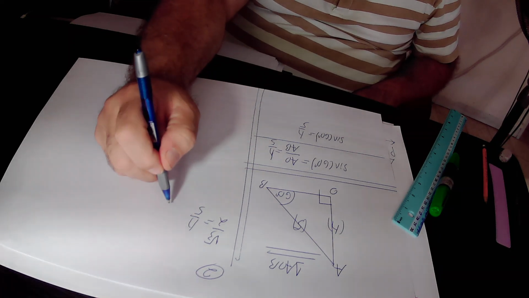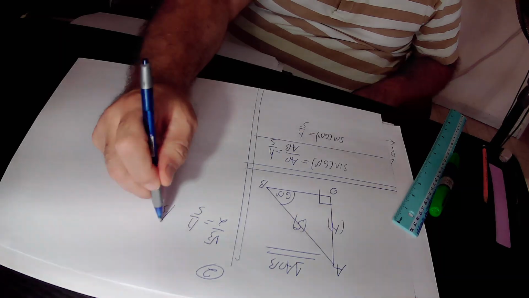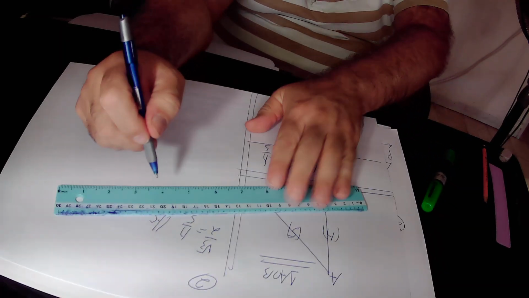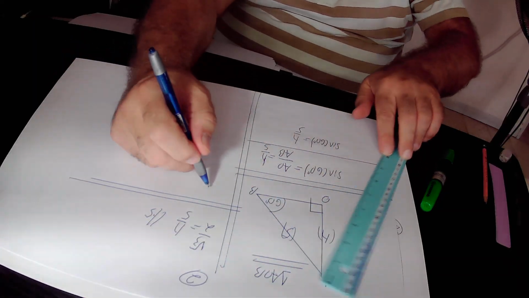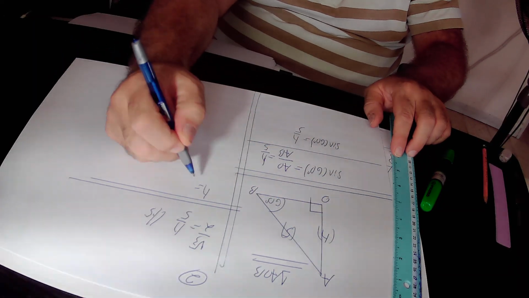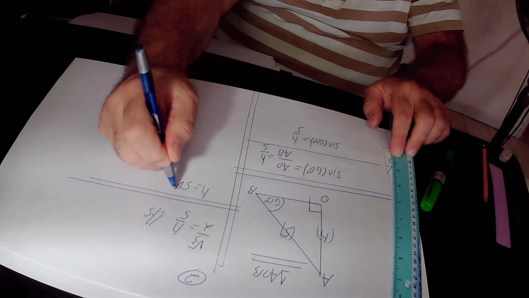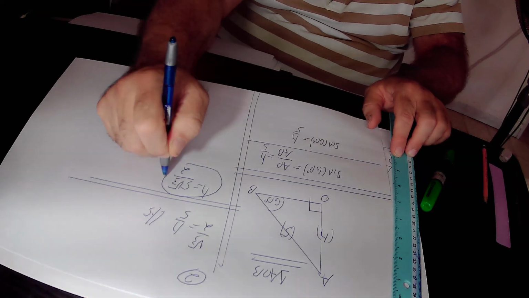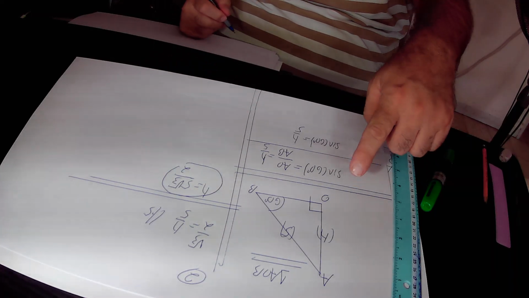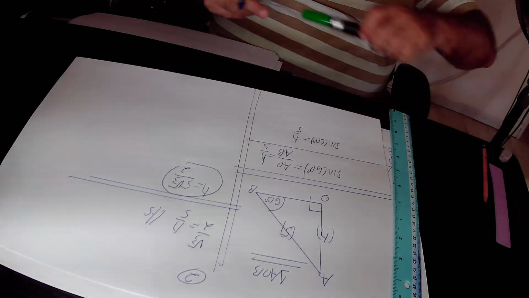Here we will multiply this equation by 5. And we get that H equals 5 times square root of 3 over 2 units in its length.